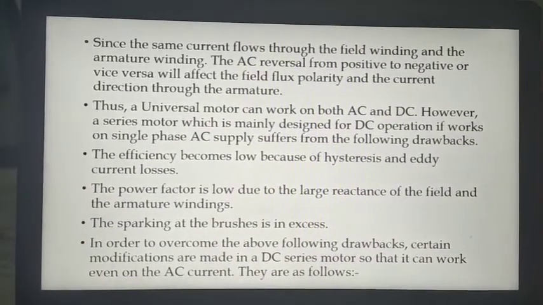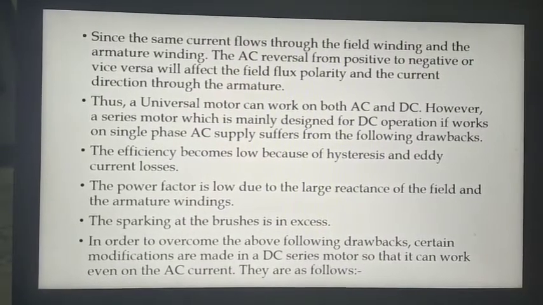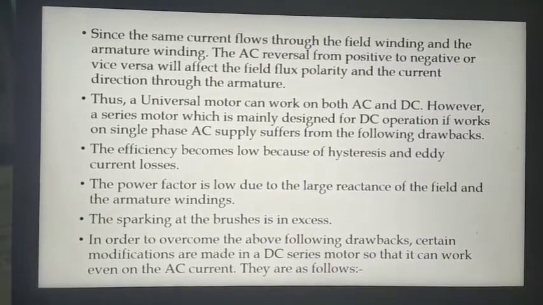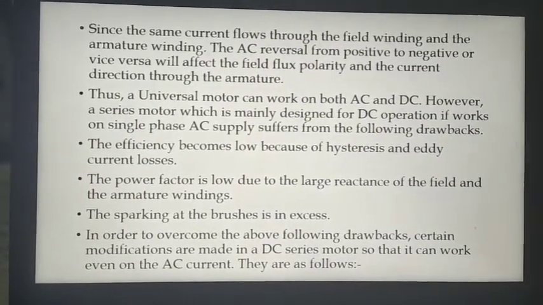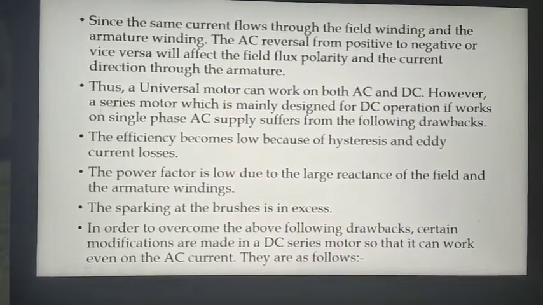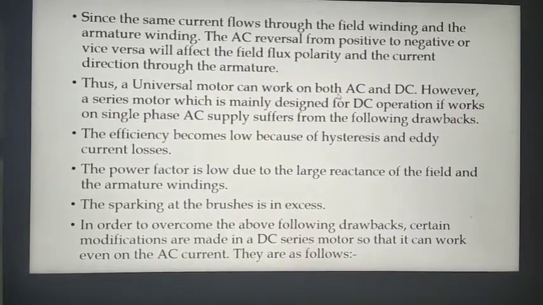Since the same current flows through the field winding and the armature winding, the AC reversal from positive to negative or vice versa will affect the field flux polarity and current direction through the armature. Thus, a universal motor can work on both AC and DC.